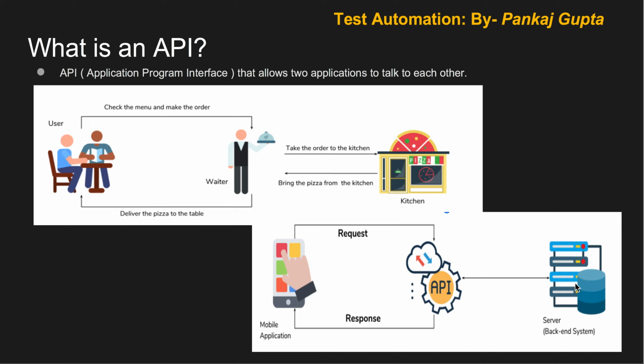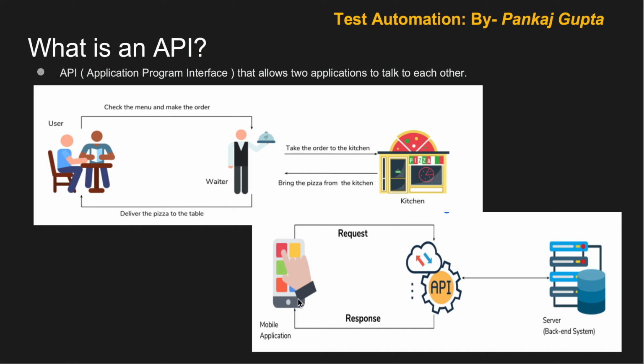The details will be fetched via API, we will get the response, and the user will see the flight which is available. So API plays a very important role in this technology.